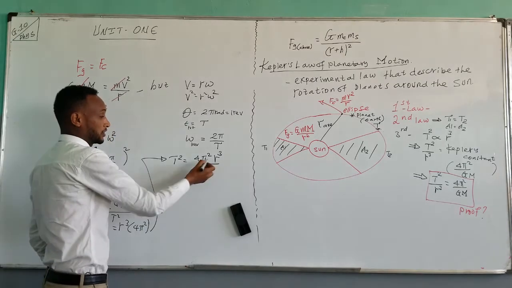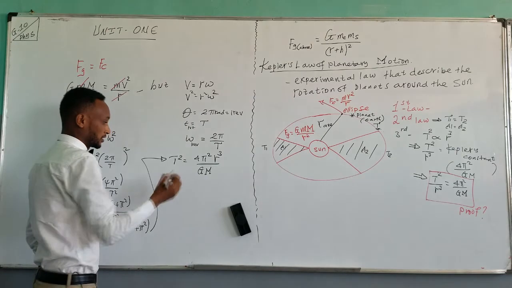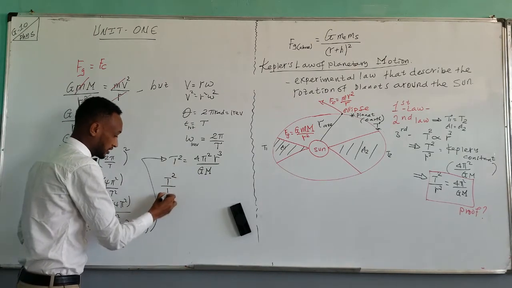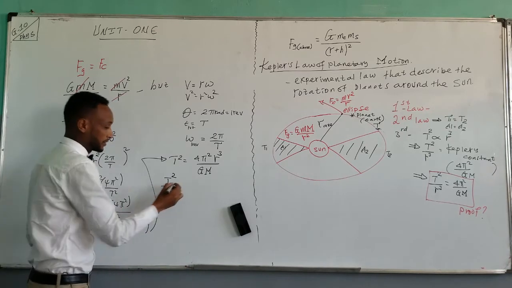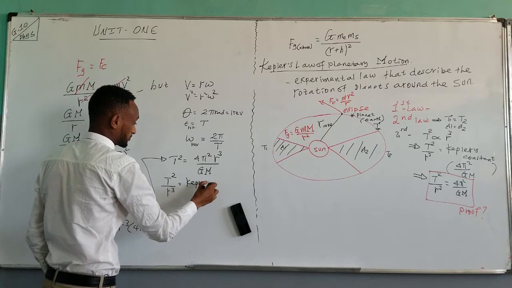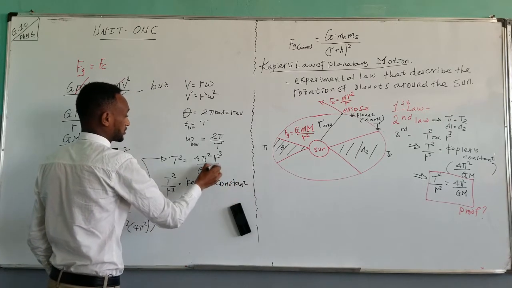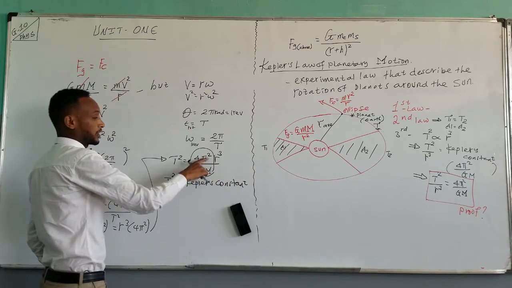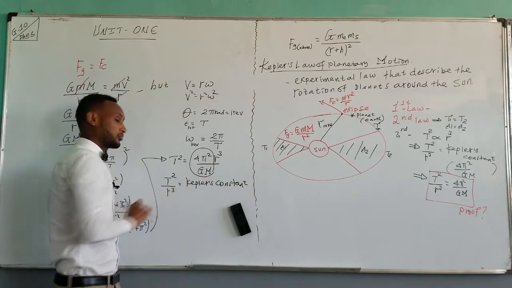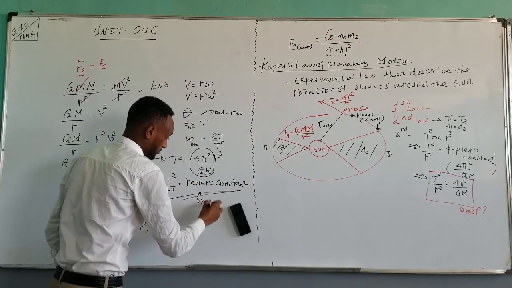You know that this is the Kepler constant. So the time squared over the distance between the planet and the sun cubed gives you the Kepler constant, which is equal to 4 pi squared over the gravitational constant G times the mass of the sun. So now our law is proved.